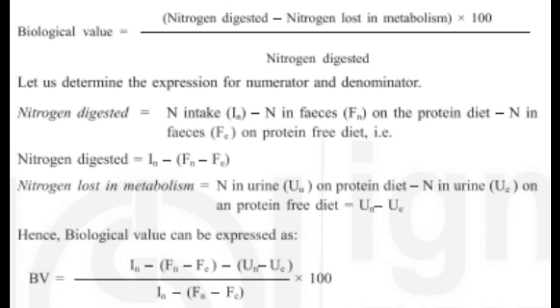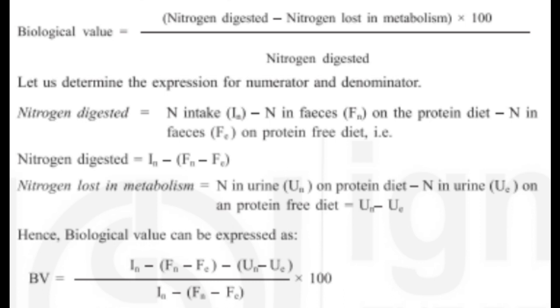The digestibility coefficients of proteins are influenced by several factors, such as the presence of indigestible carbohydrates like cellulose and hemicellulose and the presence of proteolytic enzyme inhibitors.